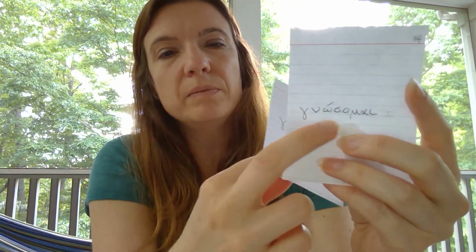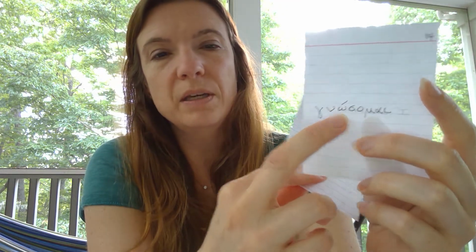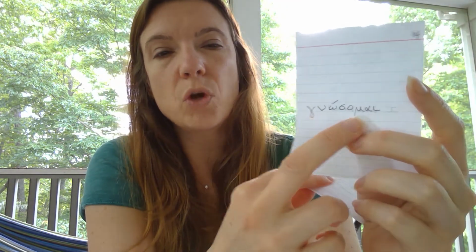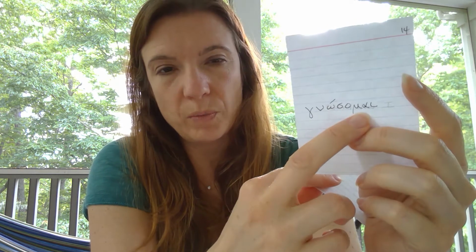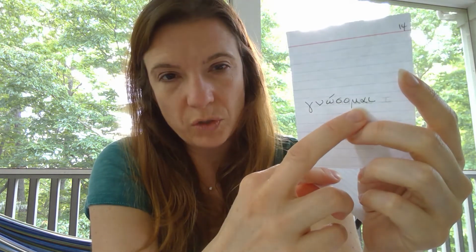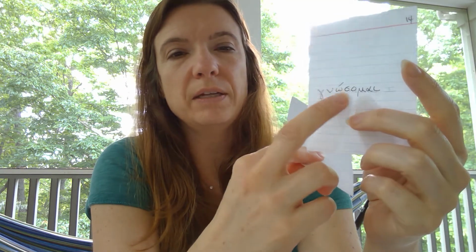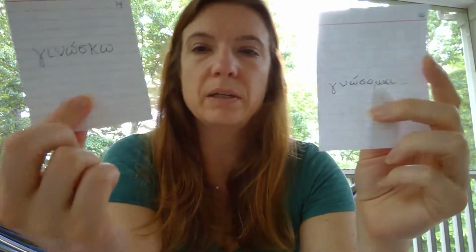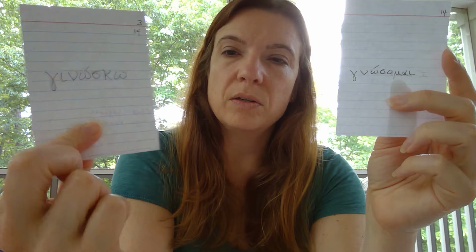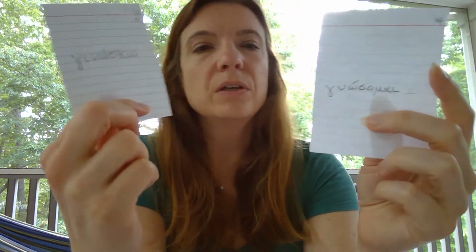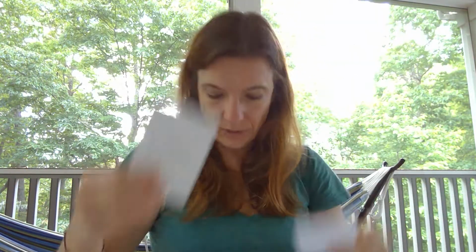So it becomes gnosomai. There's your sigma, but just the root's a little different. Your turn? Yeah, accent right there. Gnosko, gnosomai. Okay, I know, I will know.